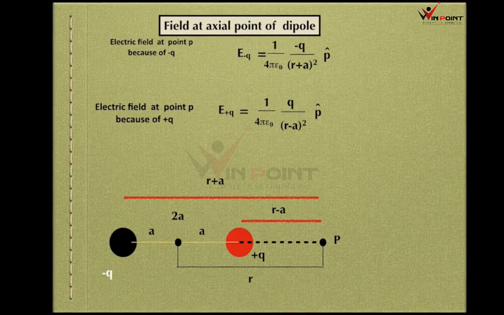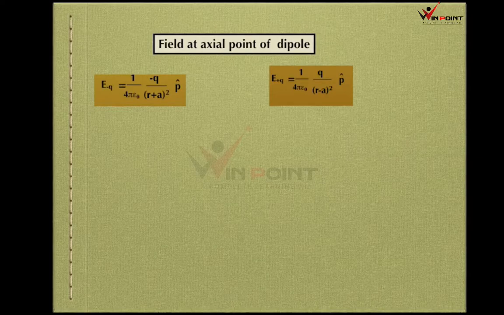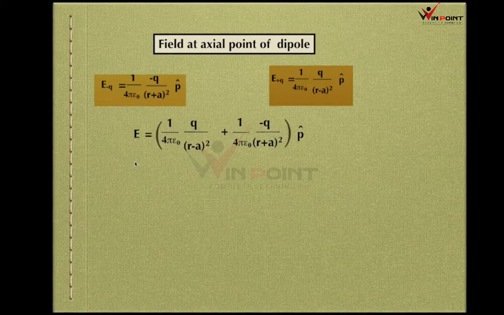These are the two values, and to find the total electric field at the point, we need to add these two values. If we add them, the equation will be E equal to 1 by 4 pi epsilon 0 into q by r minus a whole square plus 1 by 4 pi epsilon 0 minus q by r plus a whole square into p cap.